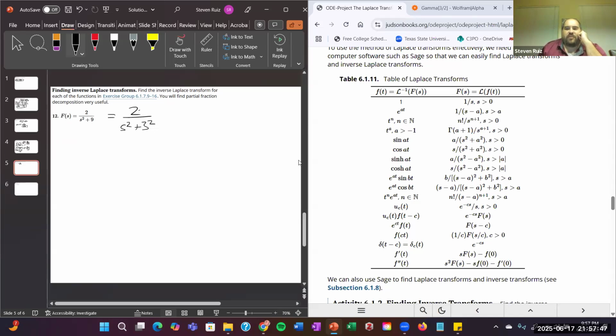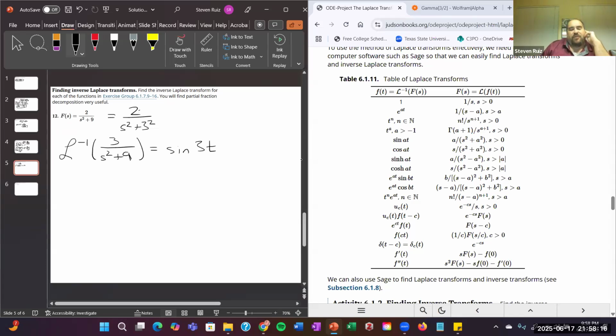But look at the way that's set up. Our value of a, we're saying, is 3. So if I use that row of the table, the inverse Laplace transform of 3 over s squared plus 9 is sine of 3t. But I don't quite have that.